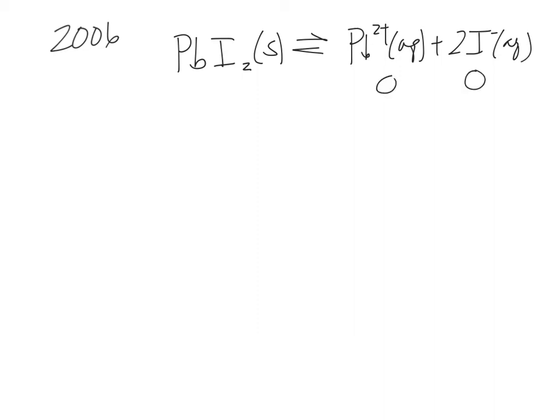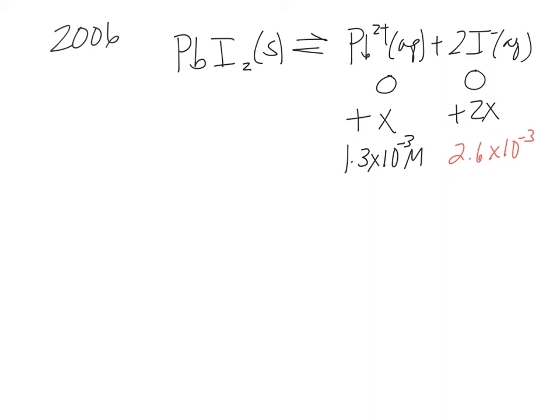So if we start with none, we're going to add x, we're going to add 2x, and we find that the Pb is 1.3 times 10 to the minus 3 molar, which means that the I has to be twice that, 2.6 times 10 to the minus 3 molar.